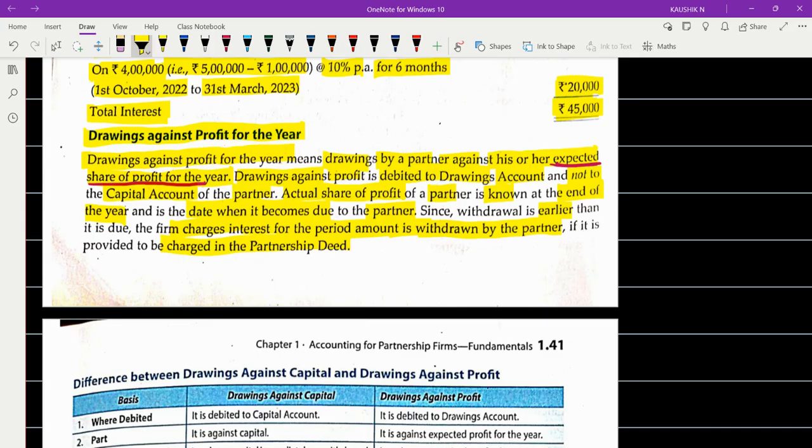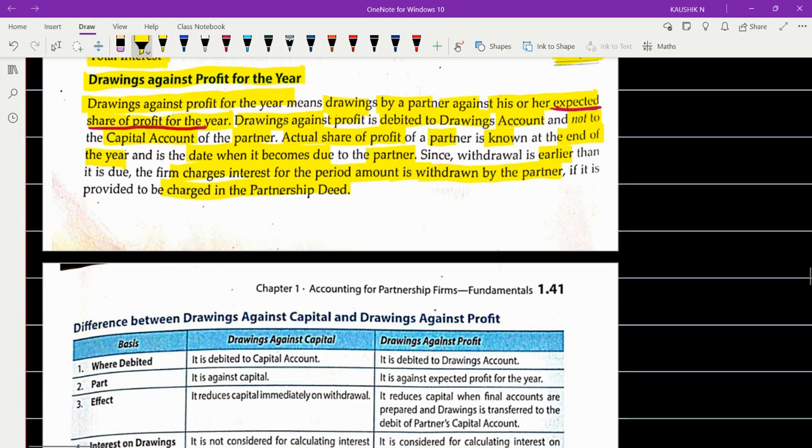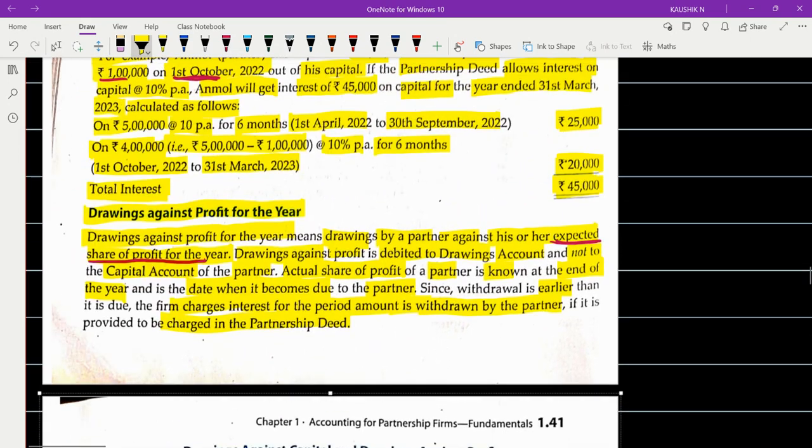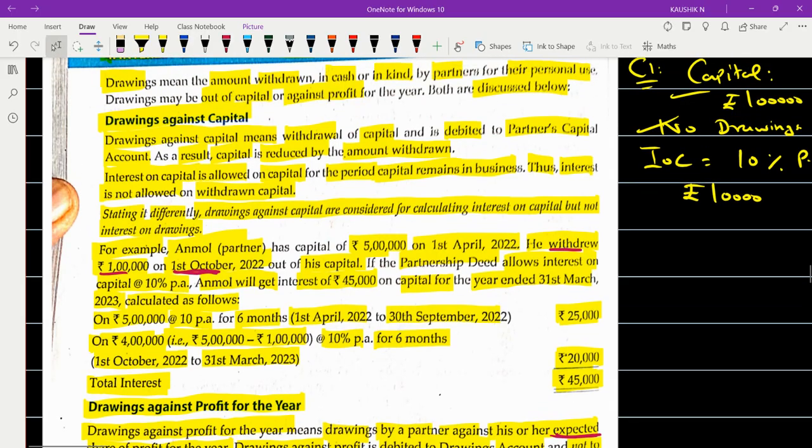Since the withdrawal is earlier than the due date, the firm will charge interest for the period the amount has been withdrawn by the partner, if it has been provided in your question. This is the difference between drawings against your profit and drawings against your capital.